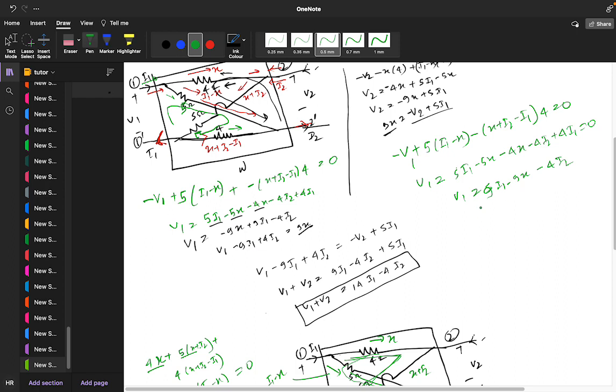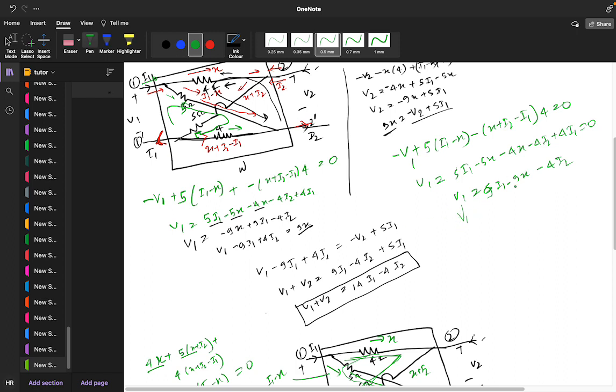Yeah, I got it. What was the wrong thing? See, V1 is equal to 9 I1 minus 9x minus 4 I2. So what value for V1 will we get? 9x will get minus V1. We missed this point, 0 minus 9. Yeah, we missed this point.